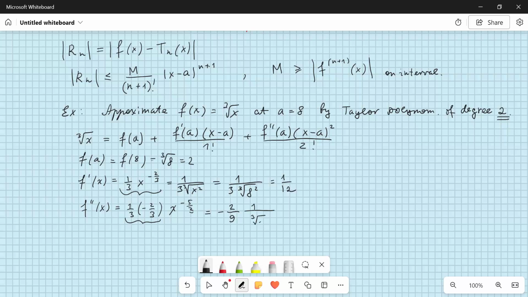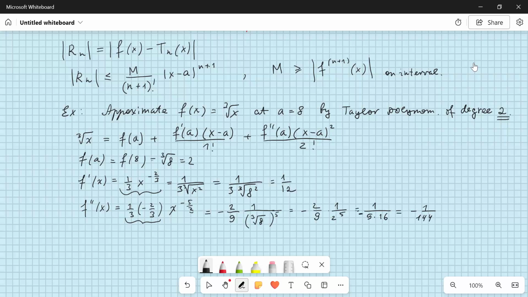So it's the cubic root of 8 to the power of 5, which is going to give me minus 2 over 9. The cubic root of 8 is 2, so 2 to the power of 5 is 32. Or actually, if we cancel a 2 with this one, it's going to be 1 over 9 times 16. And I forgot the minus. I'm getting minus 1 over 144. That's going to be my coefficient.